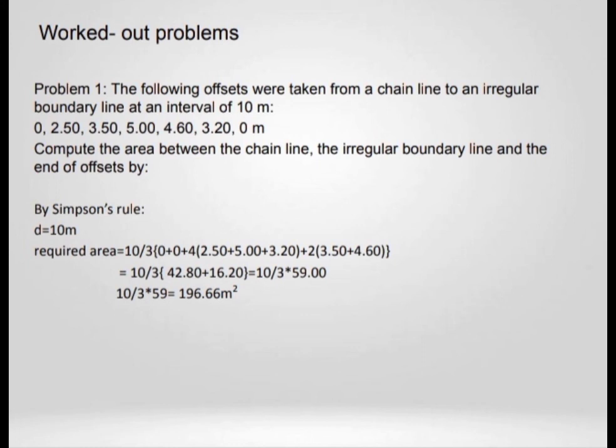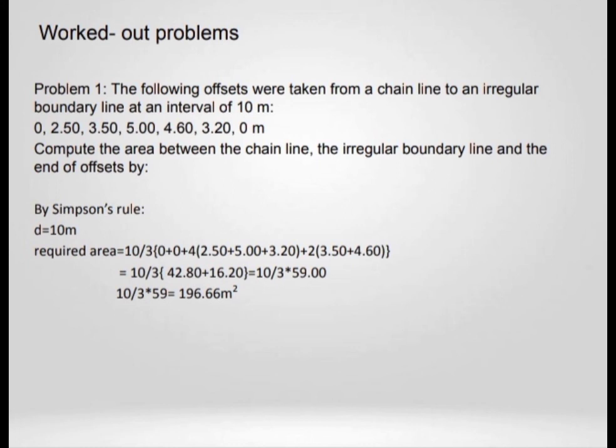Here the distance is 10 meters. The required area is equal to 10 over 3, then we have here 0 plus 0 plus 4 times 2.50 plus 5.00 plus 3.20 plus 2 times 3.50 plus 4.60.